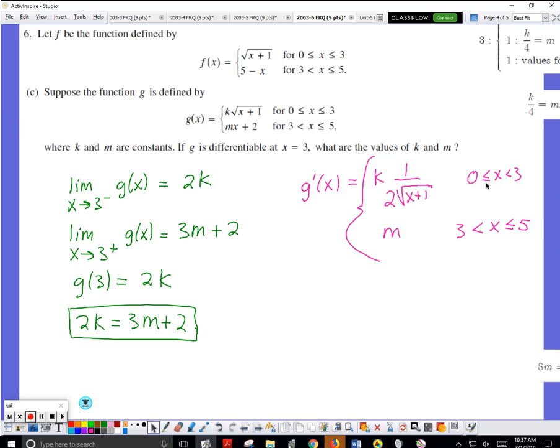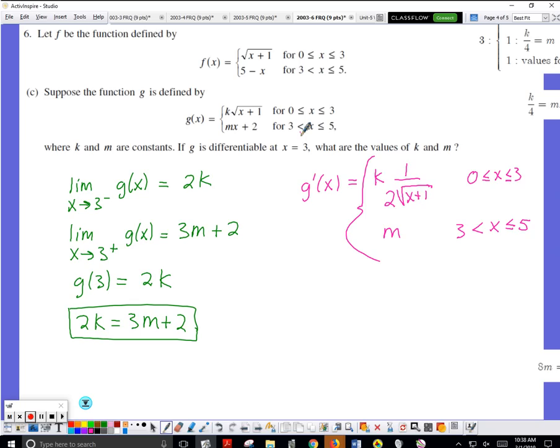The reason I don't put the equal on 3 is because a piecewise function could have a corner. It did say if G is differentiable, so they're declaring it's going to be, so it's okay to put it. It's just if you're not sure, don't put it. I don't put the equal here because that wasn't part of the course definition. Pretty good? Cool.